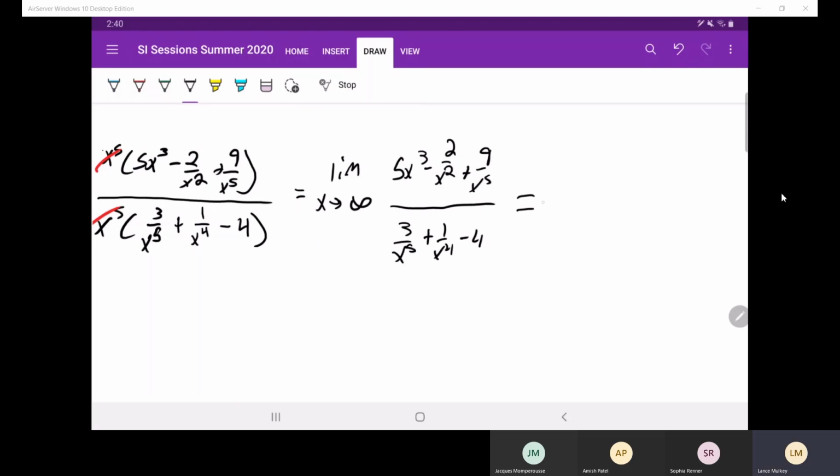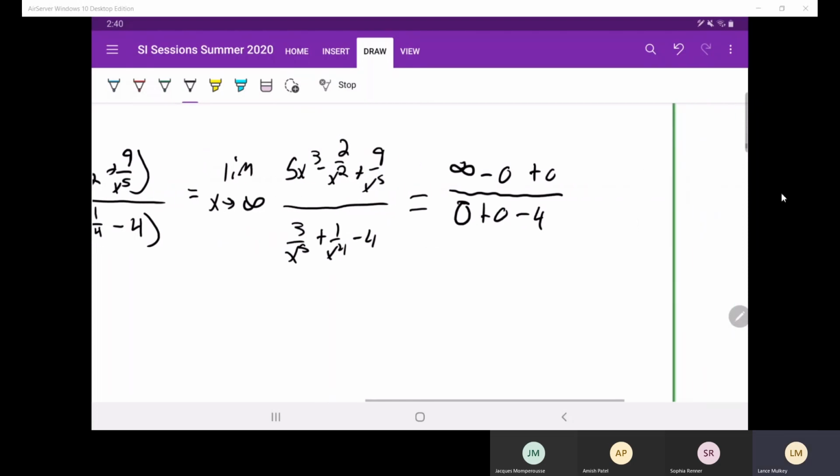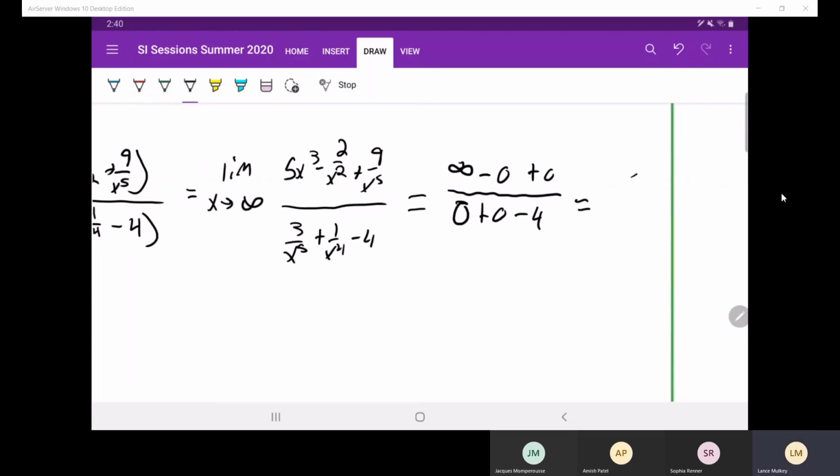So if you plug in infinity, you get infinity minus 0 plus 0. And since it's positive infinity, it doesn't matter with the sign. 0 plus 0 minus 4. So that equals infinity over negative 4, which equals negative infinity.